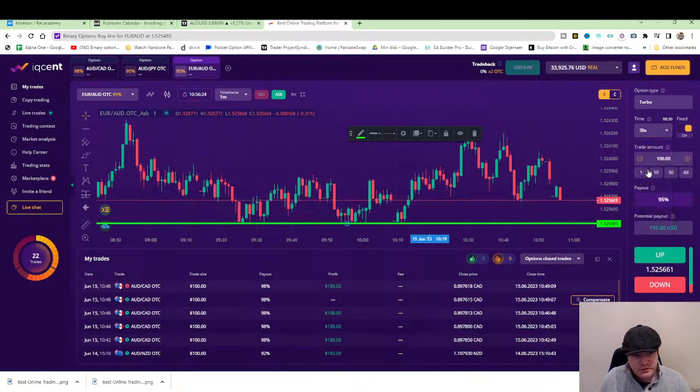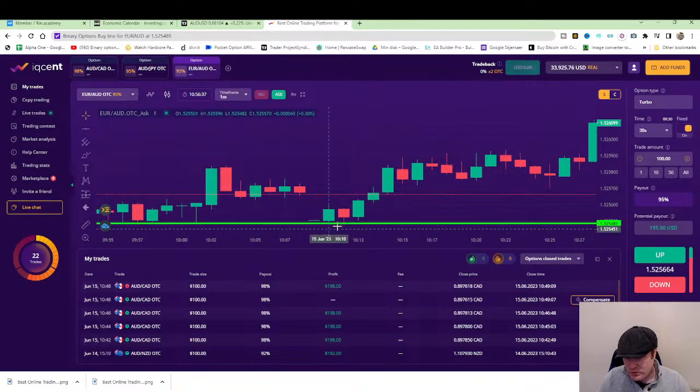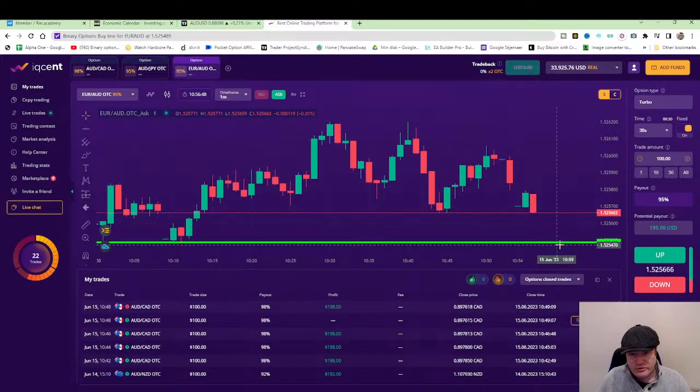Let's change it to 30. We are ready. We see we need to break this support down here first. It's relatively strong. Let's now zoom in to see if our line is good. I like the line, so we keep it like that. Now we just need to break this support here for us to come into our trading area down here. Just need a little stronger push down and we have it.